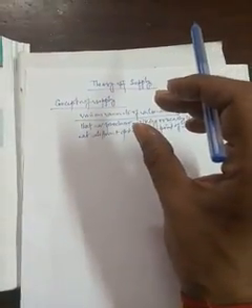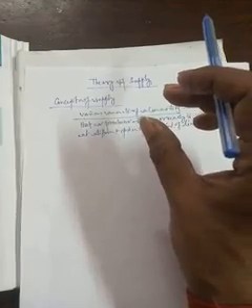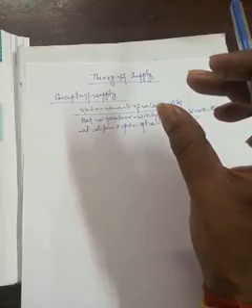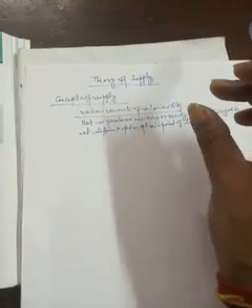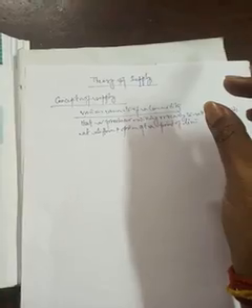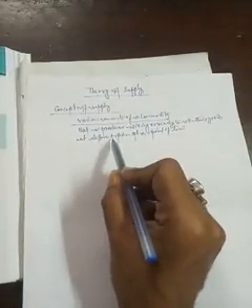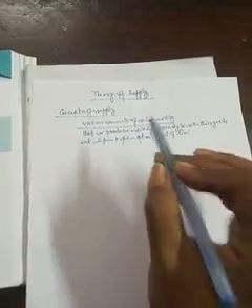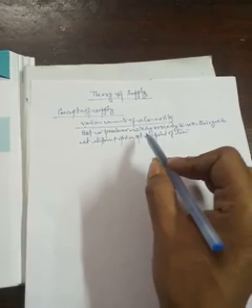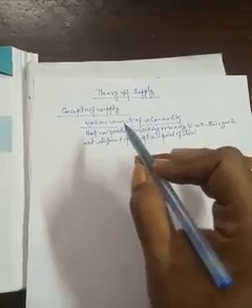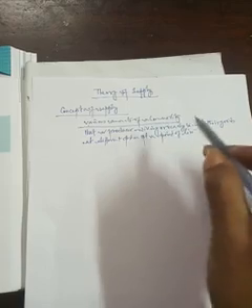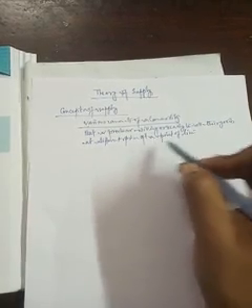At a particular point of time, how much quantity of a particular good a producer is willing or ready to sell, that is supply.